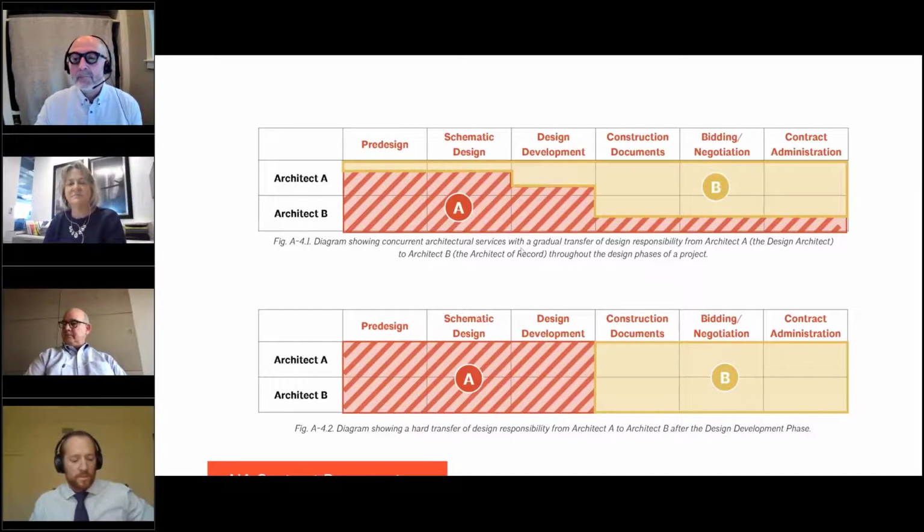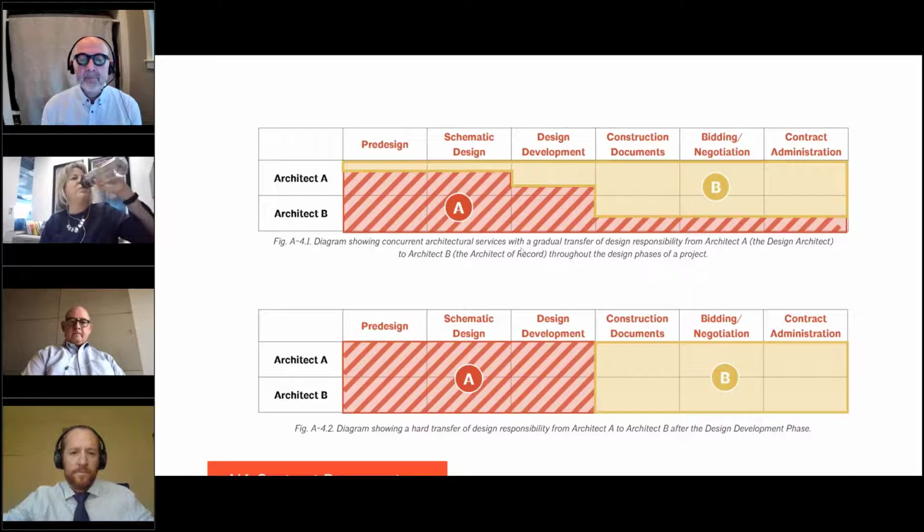So the first diagram, the one at the top, really is the one that shows a concurrent relationship. This is where the design architect and the architect of record truly collaborate on the project.